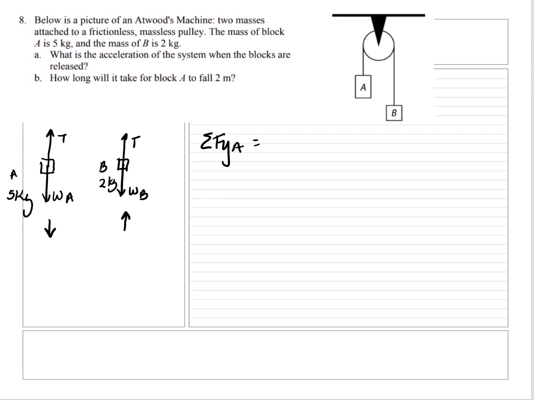Since it is going down, WA is positive, minus T, because T is going in the opposite direction. This is equal to MA. We need to write the subscript because this is the mass of A only times the acceleration.